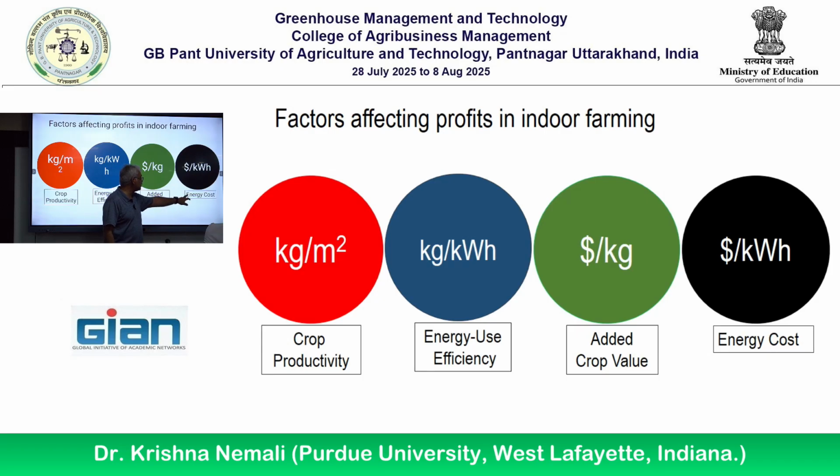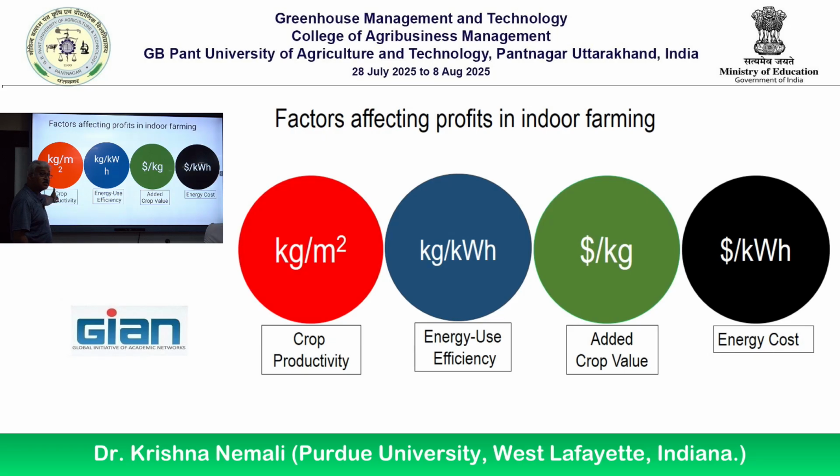And the last one is energy cost itself. Government has to come up with solutions where you pay less for every electrical unit that you buy. One of the examples is solar panels. So these are basically the 4 areas of research for vertical farming, broad categories of where people are doing research.